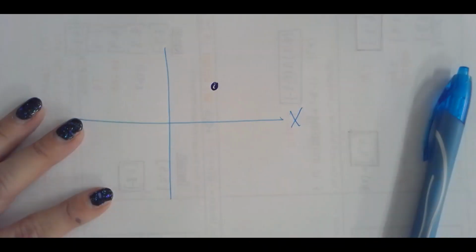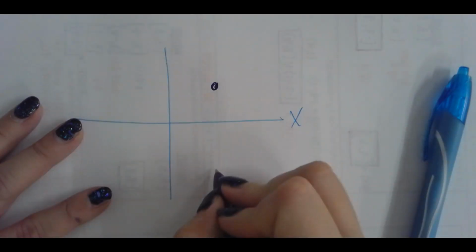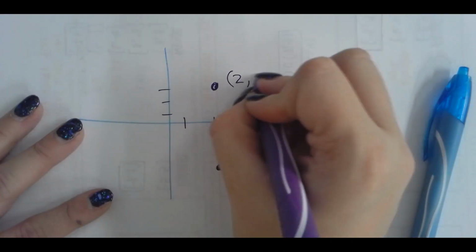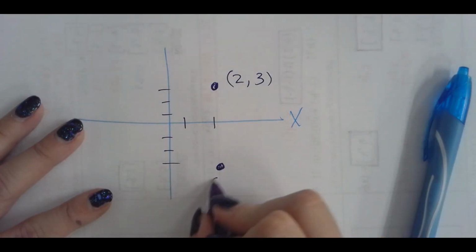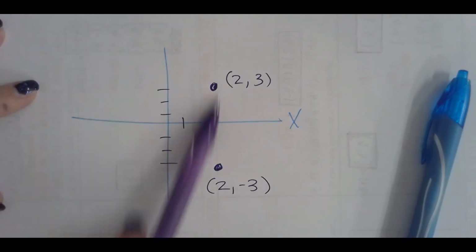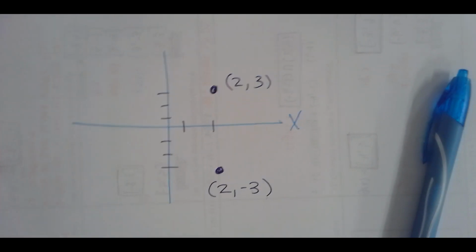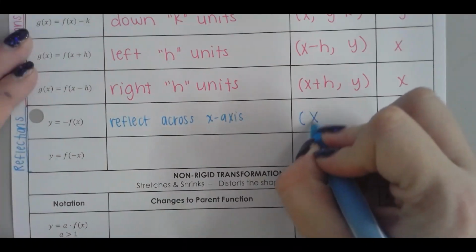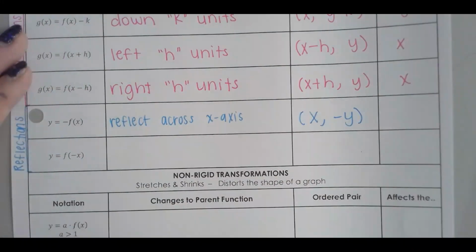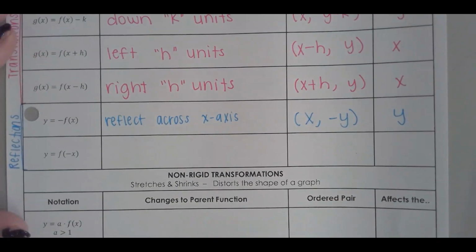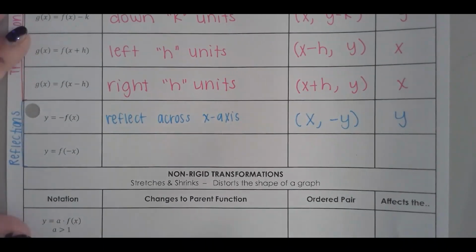If I have this point right here, and I want to reflect it across the x-axis, it's going to go down there. Let's say this is the point 2, 3. What would this point down here be? 2, -3, right? That's a reflection across the x-axis. So the x value doesn't change, the y value became negative. So as an ordered pair, the x value would stay the same, the y would become negative. So this one affected the y value. That's the thing that changed.